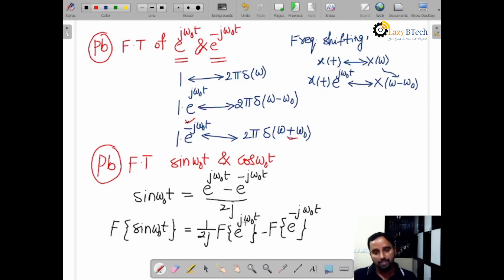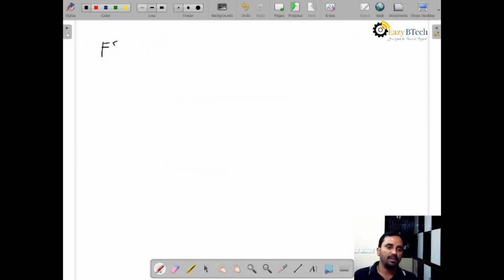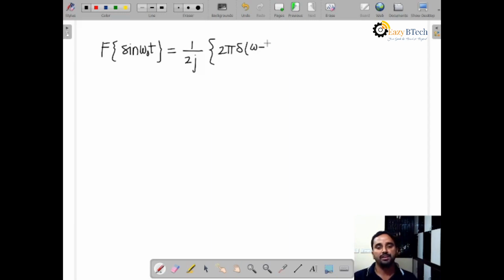Right or not? Previously we discussed in the above problem that e power j omega naught t has Fourier transform 2 pi del of omega minus omega naught, and e power minus j omega naught t has Fourier transform 2 pi del of omega plus omega naught. So the Fourier transform of sine omega naught t is 1 by 2j outside: the first one 2 pi del of omega minus omega naught, minus 2 pi del of omega plus omega naught.